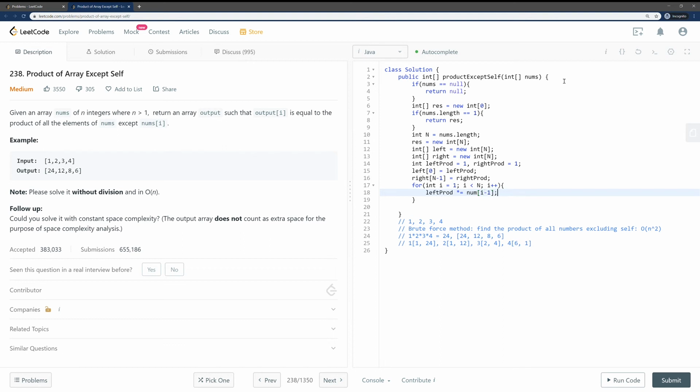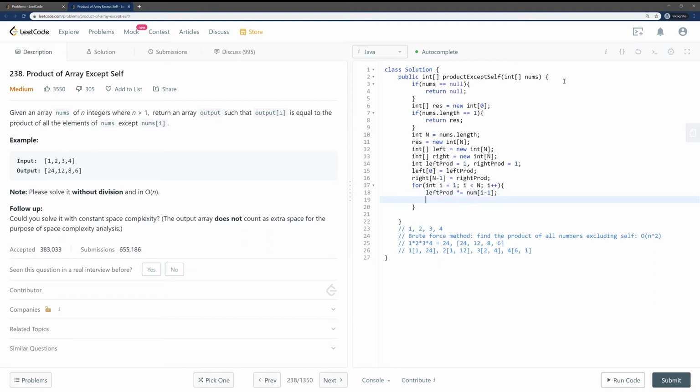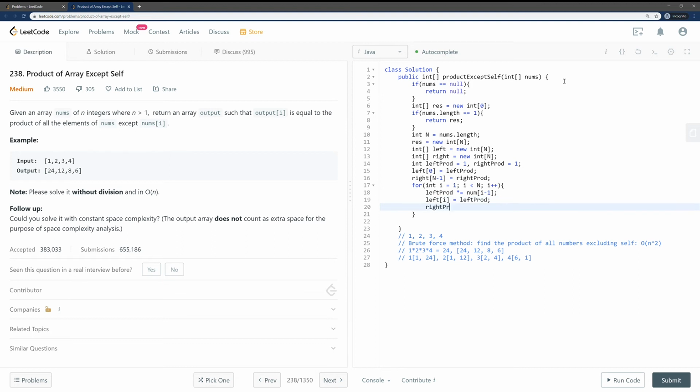That means the second location, index 1, would be the left product multiplied by the first element. And we want to store this value in the left ith location.